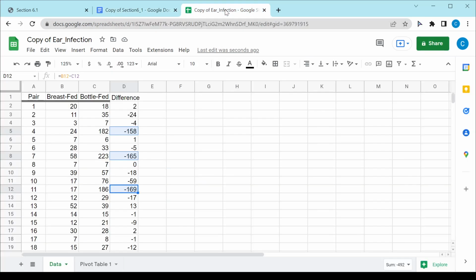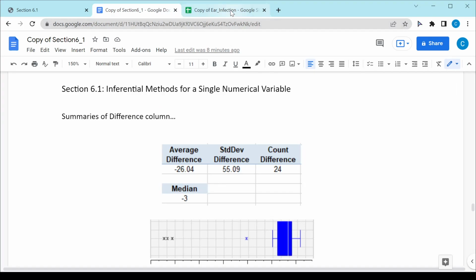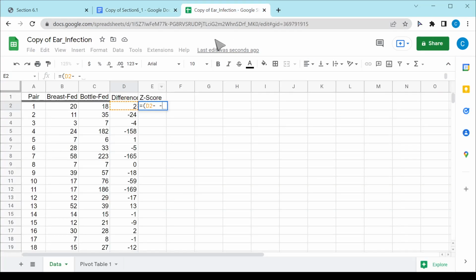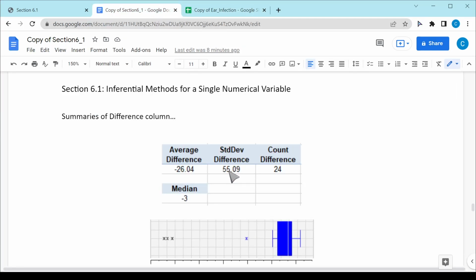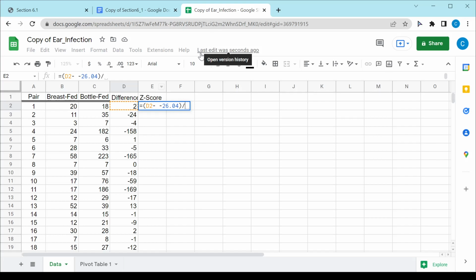I suppose I could do that. So let's do a z-score calculation here. I take the data value, which is this one here, minus the average, which was minus 26.04. So make sure and get that minus in there, and then divide by the standard deviation, which is 55.09.